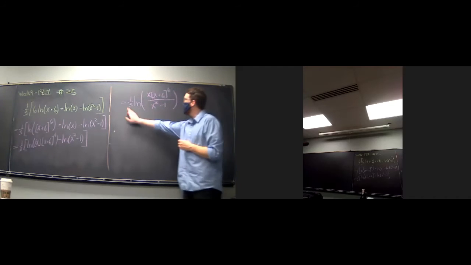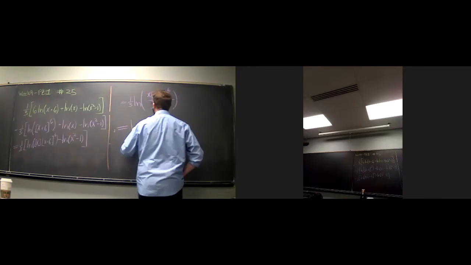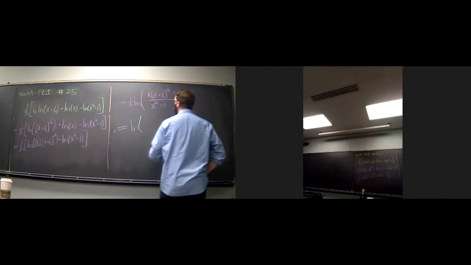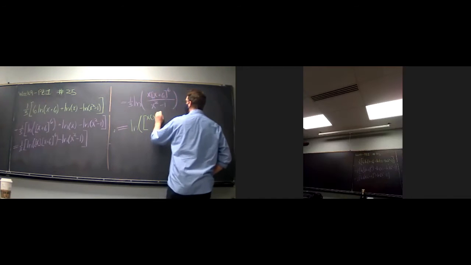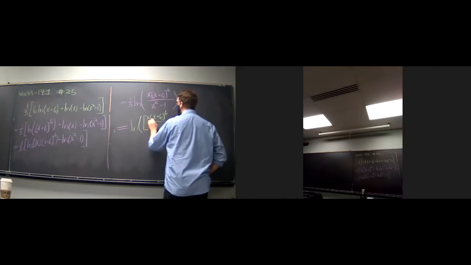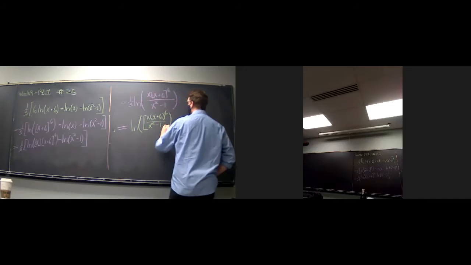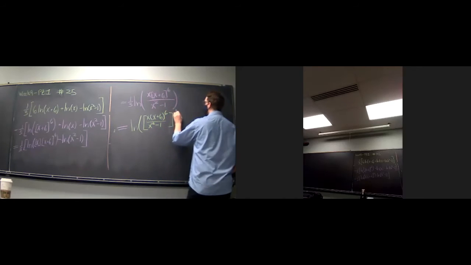And now again, using the power rule, we're going to get the ln of x times x plus 6, all of this raised to the 6th divided by x squared minus 1, all of this raised to the 1/3.